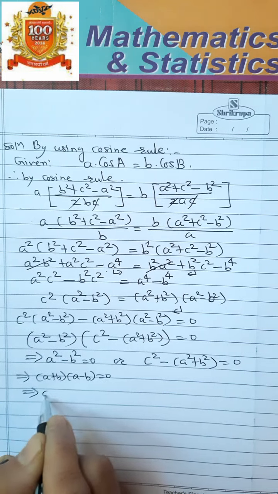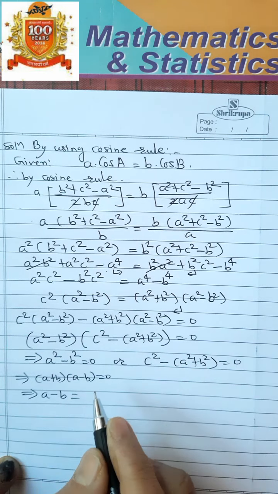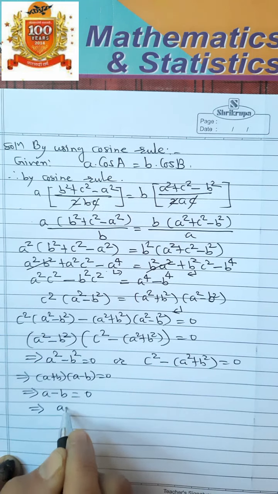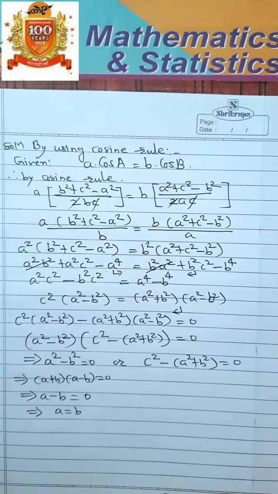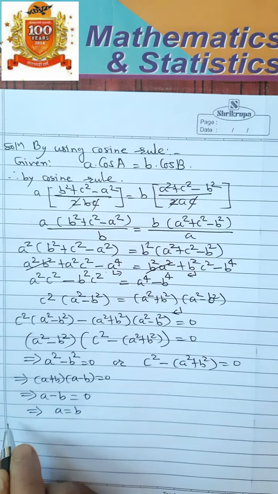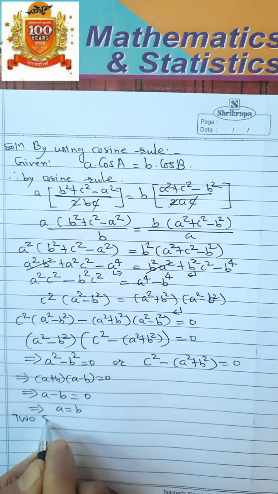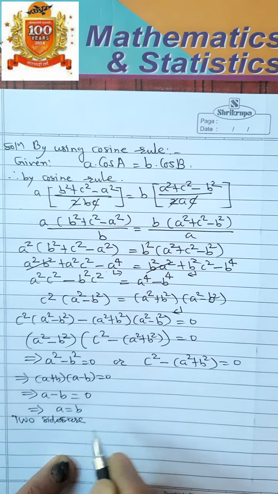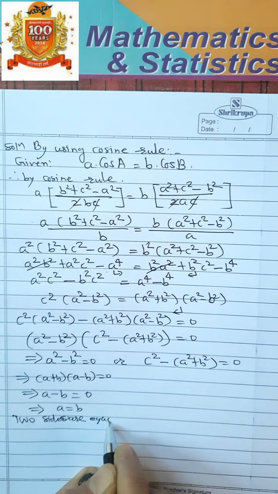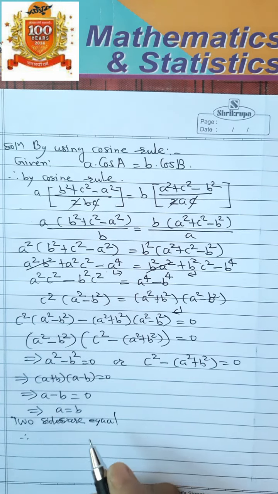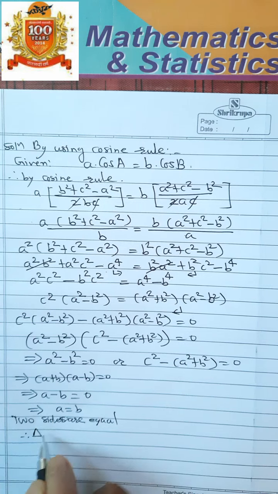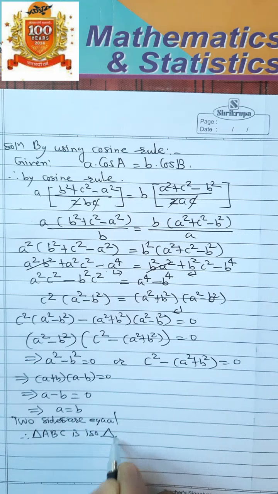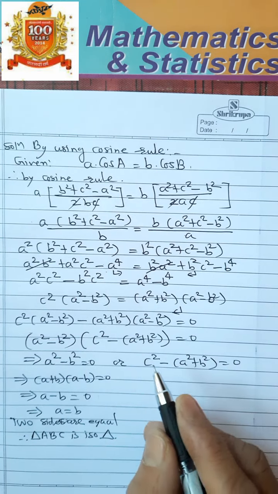This implies that A minus B is equal to 0, so A is equal to B. Means two sides are equal. Therefore, triangle ABC is isosceles.